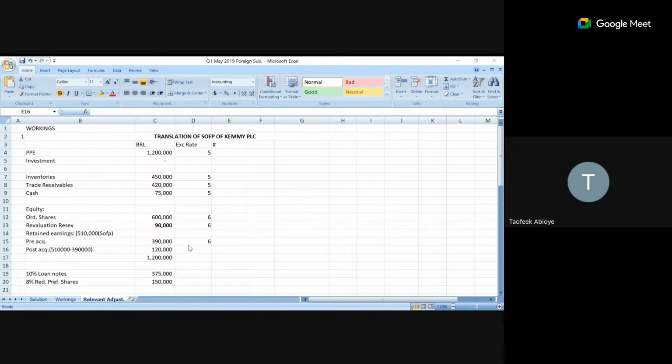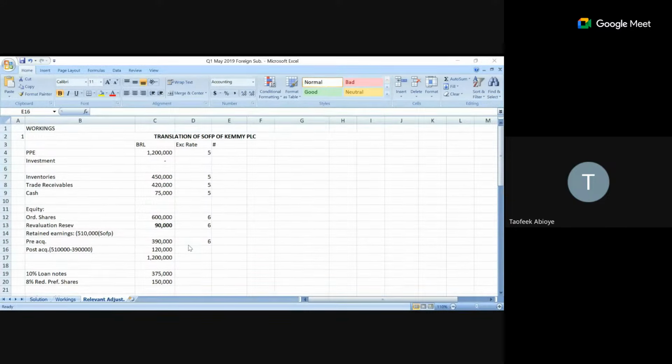They are now telling us that at the end of the financial year, as at 30th September 2017, the director revalued the assets. So when the director revalued the assets, it creates a revaluation surplus. And if you remember very well, all revaluation surplus items go to revaluation reserve.